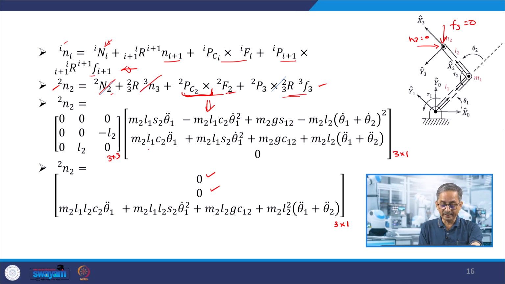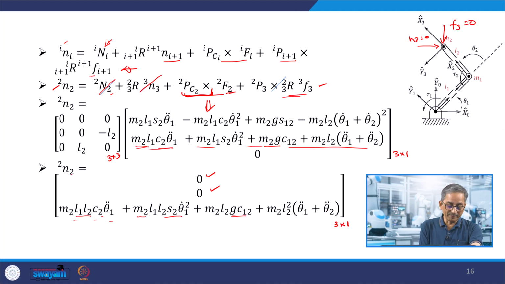So, essentially in these terms your L2 will be getting multiplied. So, what you will be getting is m2 l1 l2 c2 theta1 double dot, m2 l1 l2 s2 theta1 dot square, plus m2 l2 g c12, plus m2 l2 square and this one.